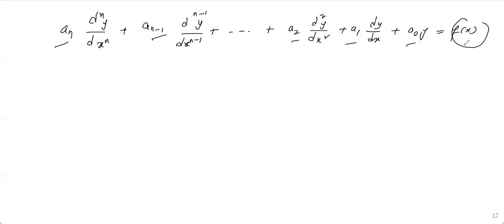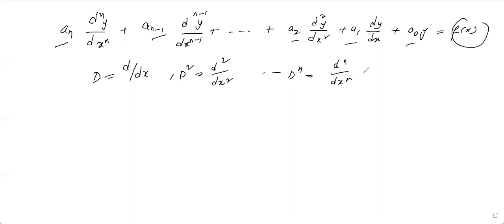We denote d as d by dx, d square as d square by dx square, and d^n as d^n by dx^n.